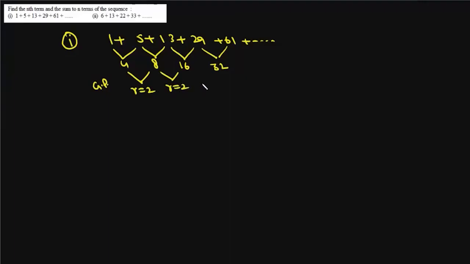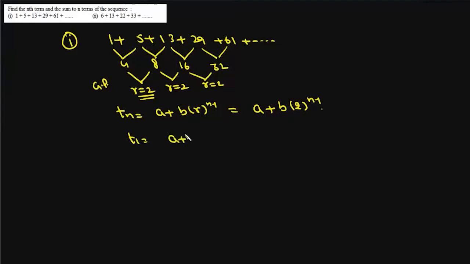We know that if the difference is in GP, then its general term is written as a plus b into r to the power n minus 1, and r in this case is 2. So it will be a plus b into 2 to the power of n minus 1. Now here we have 2 unknowns, a and b. If we put n as 1, it will be a plus b, and it is 1.